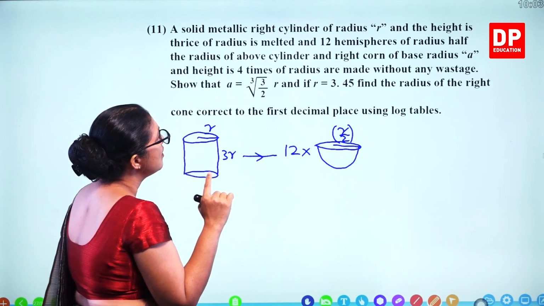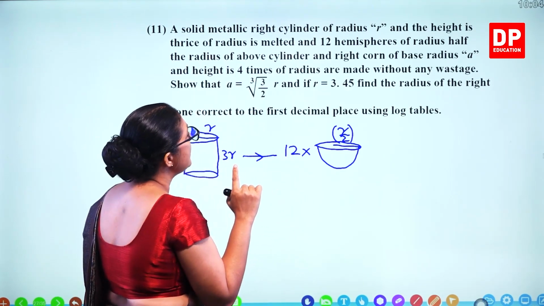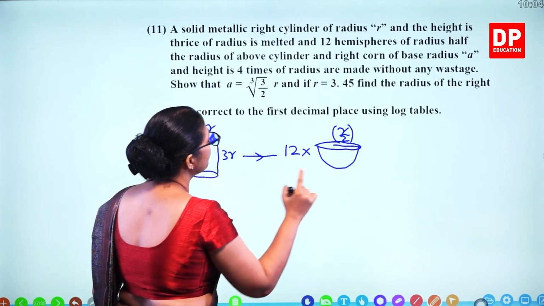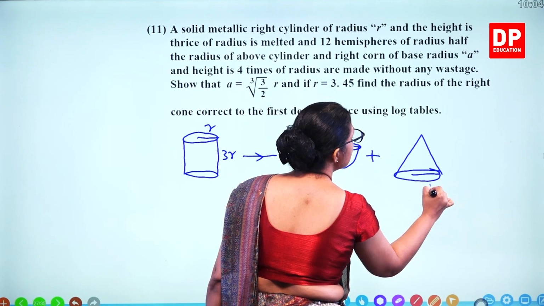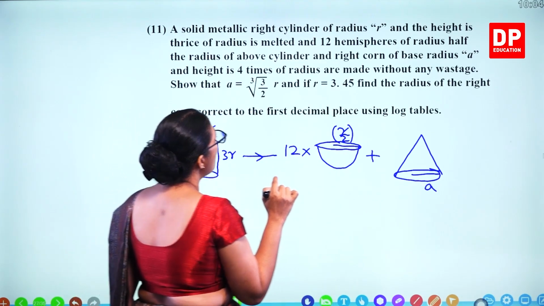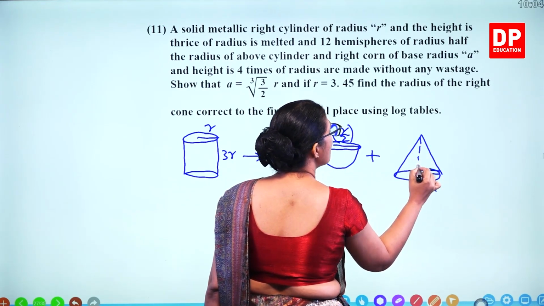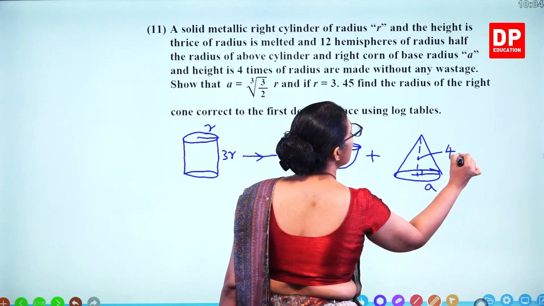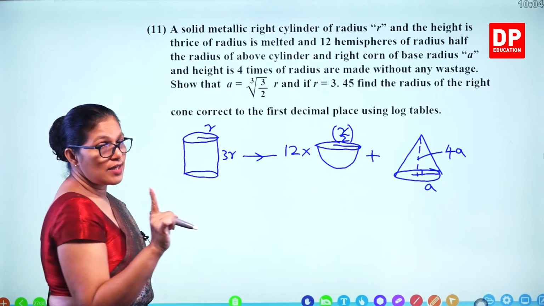And a right cone with base radius a, and height is 4 times the radius, which is 4a, without any wastage.